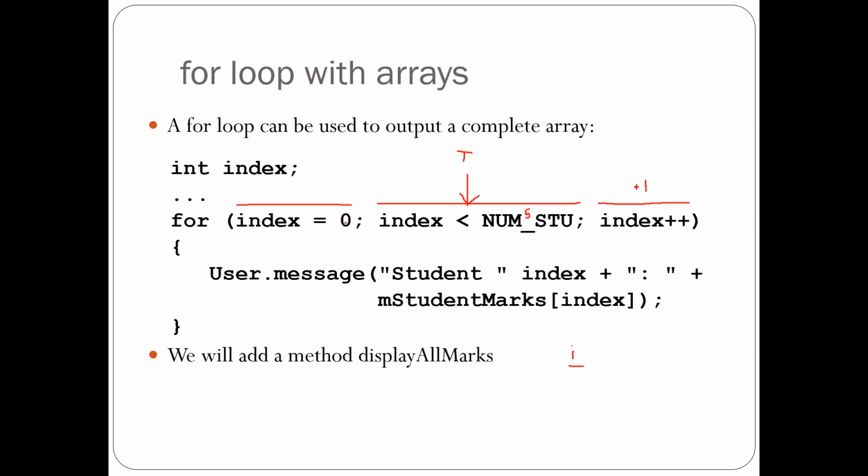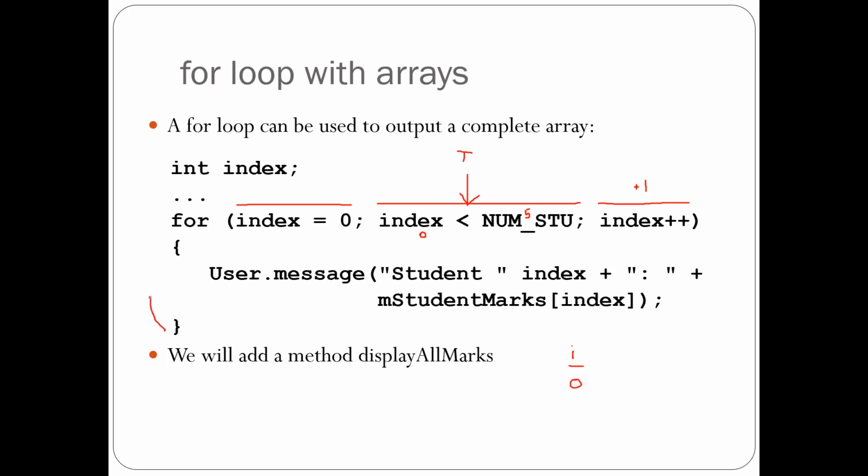Index is 0, and index, which is 0 at this point in time, is less than 5. So we say let user.message spit out student 0 and then a colon and then the value of mStudent marks at position 0. So index first time through has a value of 0.